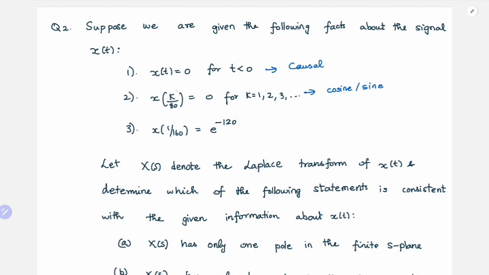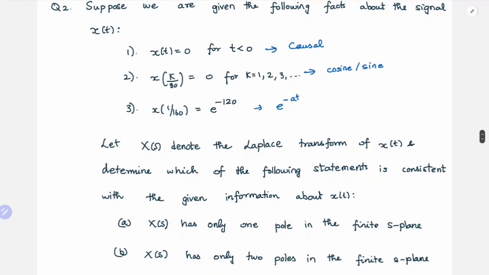Because they only go to 0 at recurrence of pi. And we also have x of 1 by 160 equal to e power minus 120. So it also has some e power minus 80 form, something like that. Let X of s denote the Laplace transform of x of t and determine which of the following statements is consistent with the given information about x of t.